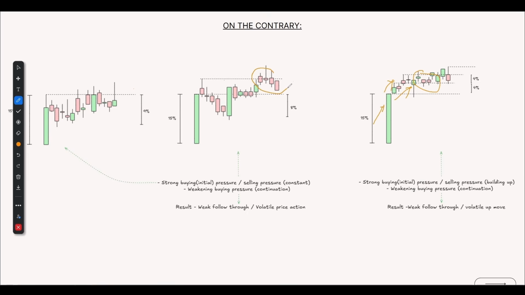Same thing was going on here, same thing is happening here. Whenever the demand pressure is linear, you will always see the price respecting the lows and the highs, and ultimately it will give you a breakout.